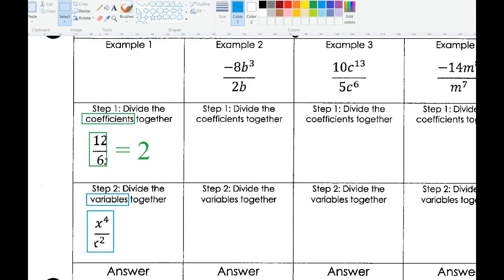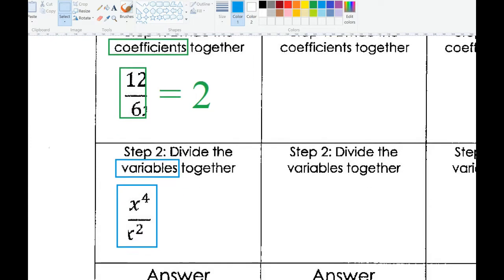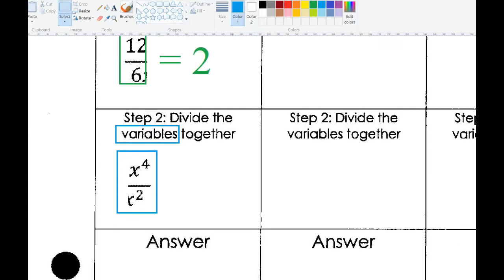All right, now I got the variables dragged down. When you're dividing exponents, it's basically like subtracting, as you can see.